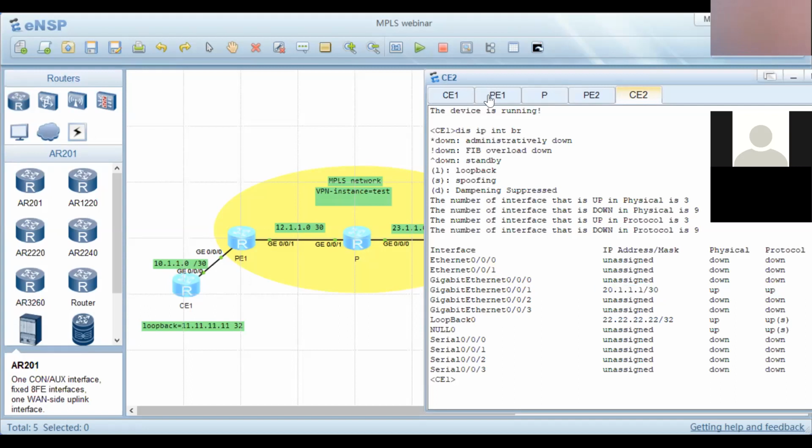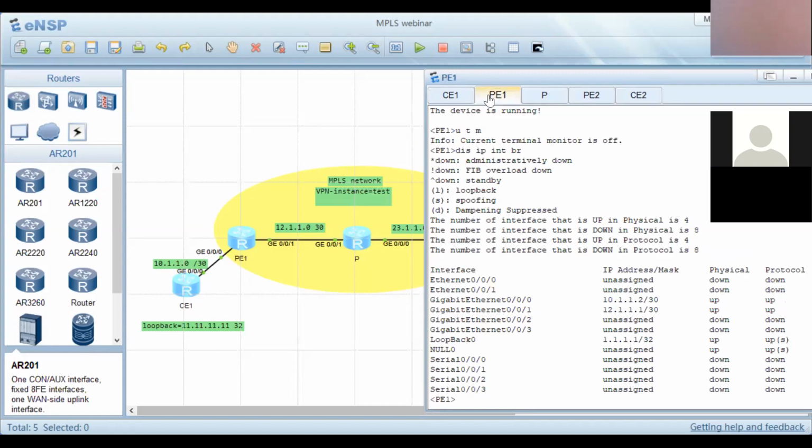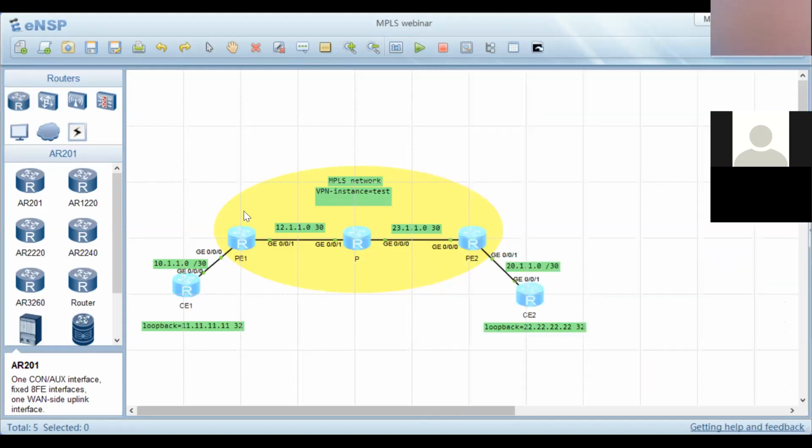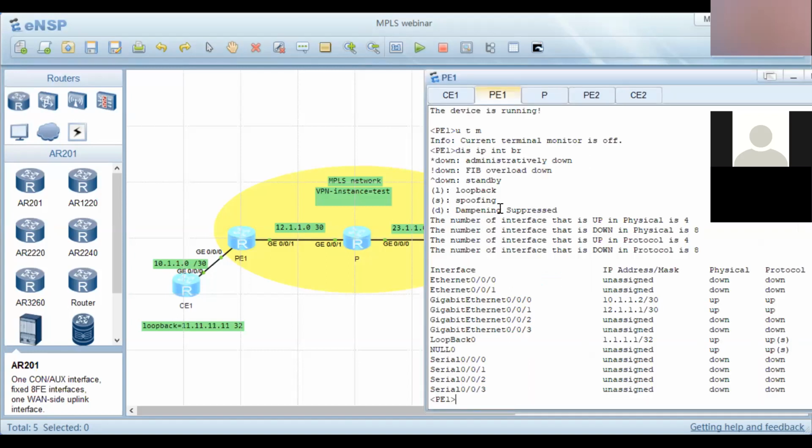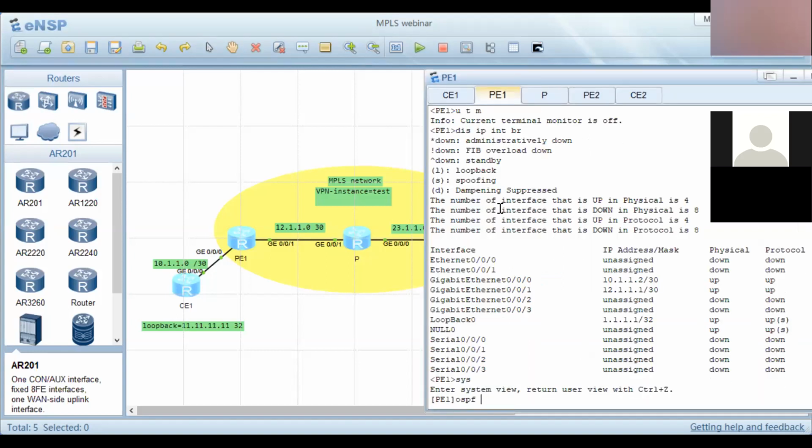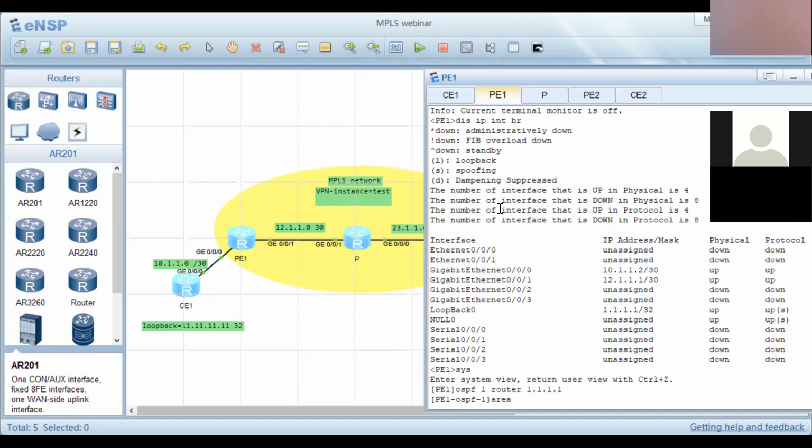So let's start to configure the MPLS network. In order to do that, first we have to connect these using an IGP. That means maybe OSPF or ISIS will do it. So we choose OSPF, and we will configure the OSPF relationship between PE1, the P router and the PE2.